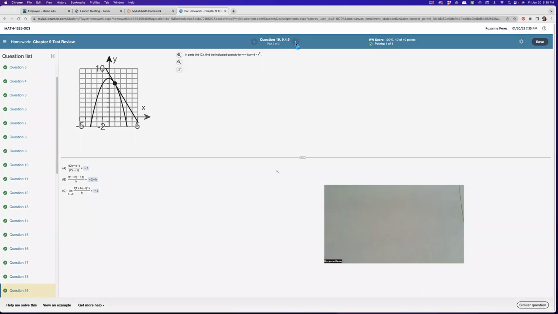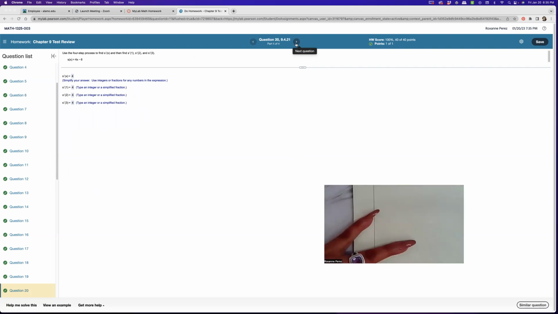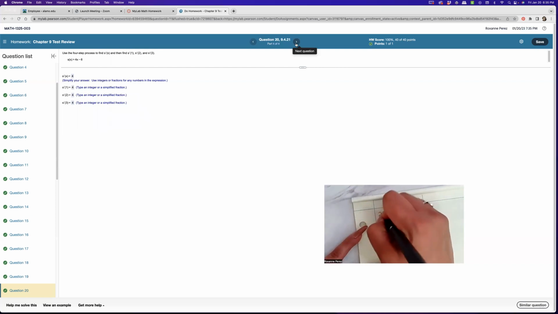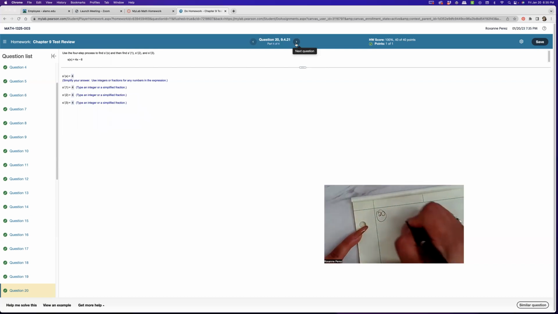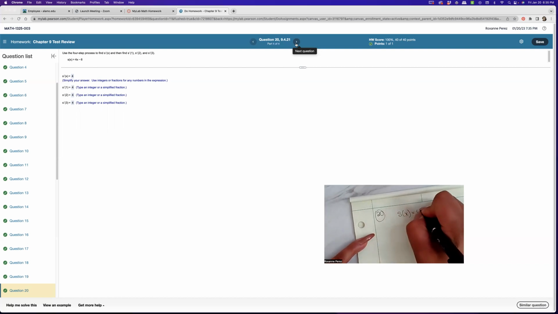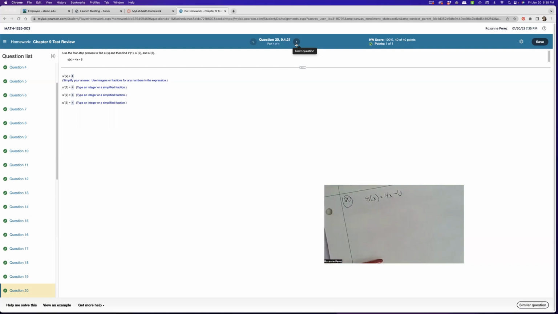Okay, next question. 20. Okay, this is where you guys are moving into first derivatives. So our original function is s of x equals 4x minus 6. So the only term in this function that has an x is this term, and we can put our kind of invisible 1 there to just keep track.